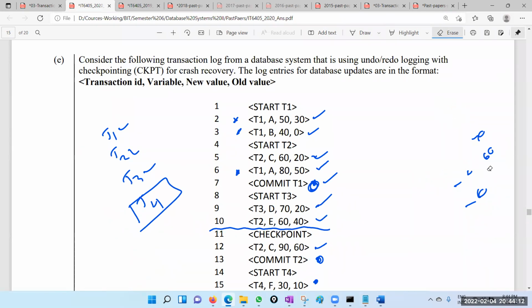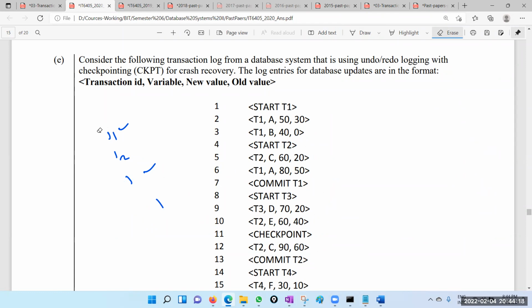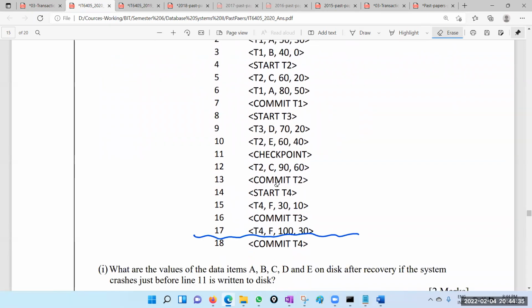Basically you have to do both undo and redo. Because the question says, consider the following transaction log from a database system that is using undo redo logging with checkpoints for crash recovery. The log entries for the database are as follows.